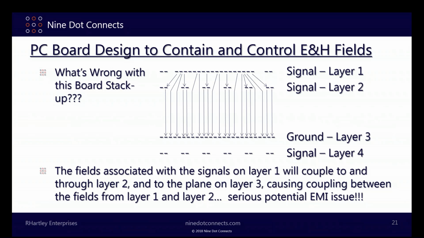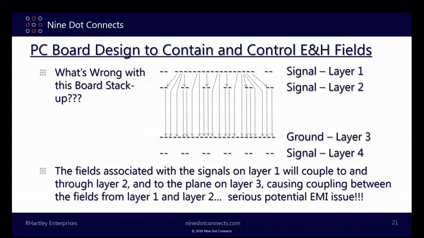It's not like there's going to be a massive amount of energy exchange, but there will be energy exchange between the fields. And it's going to be a few millivolts, not enough at all in a digital circuit to even remotely cause a signal integrity problem. If all you care about is signal integrity, you'll never see a board like this. But if you care about EMI, this board is a serious problem, and you absolutely don't want to do this.